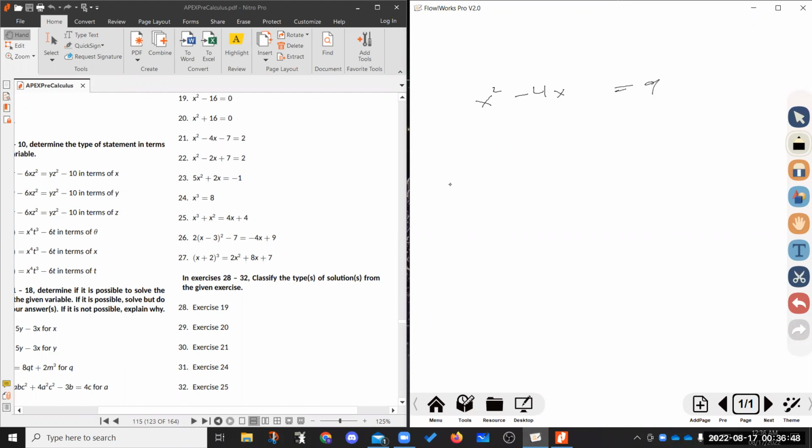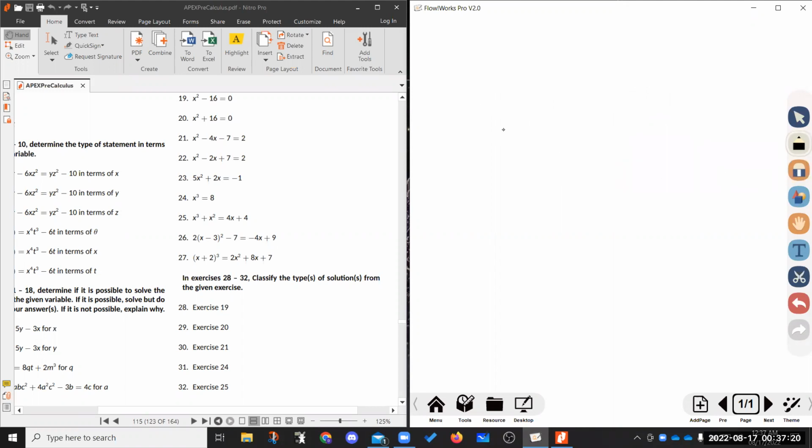Equals 9 over here, half of this number squared, 4, yeah. So this is x minus 2 equals plus or minus, yes. So we're going to have 2 irrational solutions in 21.